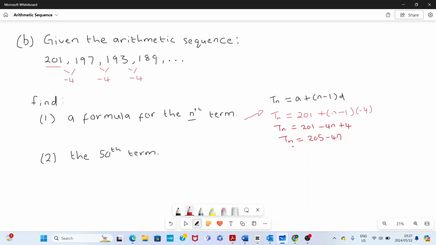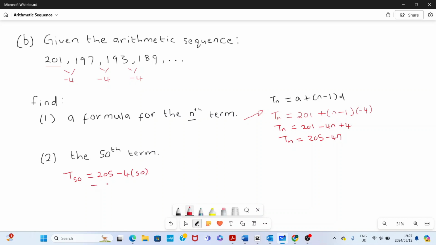The second question now says find the 50th term. It becomes simple to find the 50th term once you have determined the nth term, because all you do now is replace n with 50, meaning that we are looking for t50, which is given by 205 minus 4, and then where there is n in our previous answer, we substitute 50.